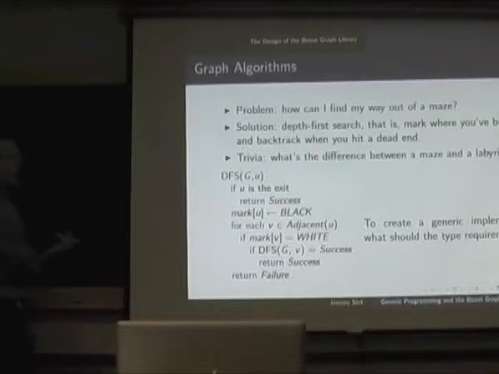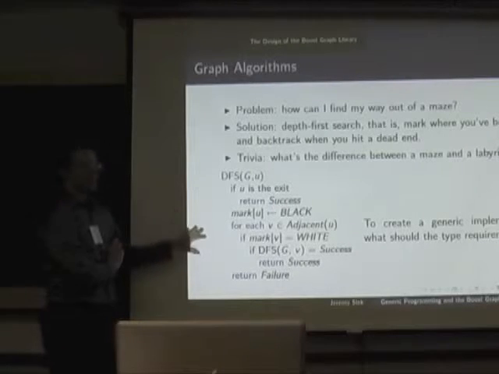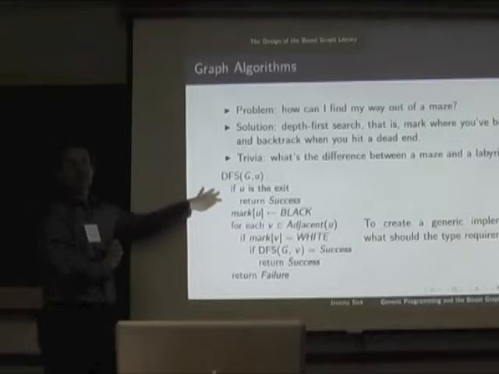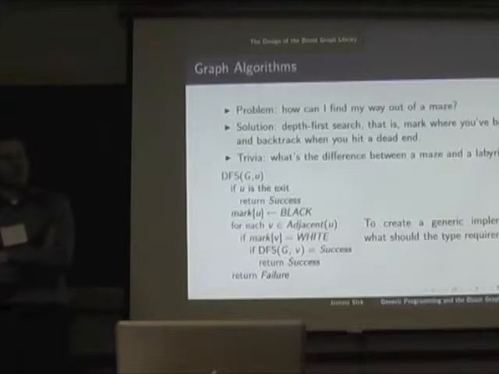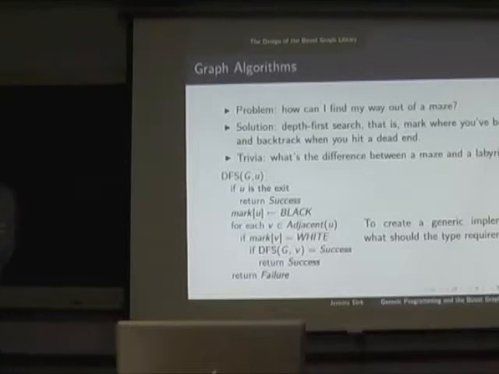The real question there, almost the only question, is what should the type requirements look like for this kind of algorithm? Or another way to say it is, what capabilities do we need from our inputs to get the job done? Okay, so maybe let's just start brainstorming here.